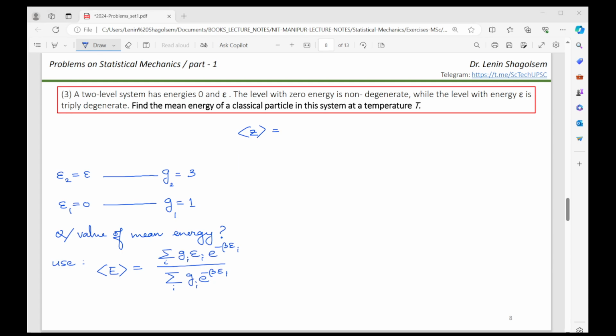Now let's just put the values directly. Or let's write it separately to make it look simple.